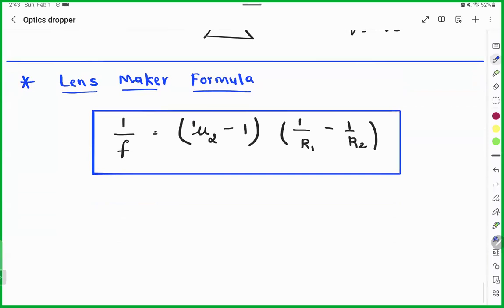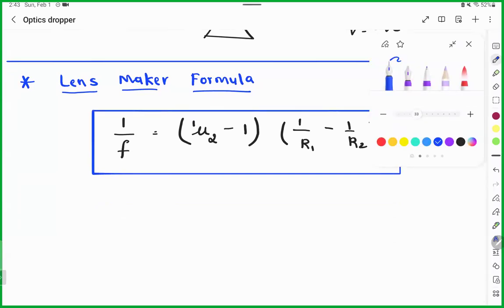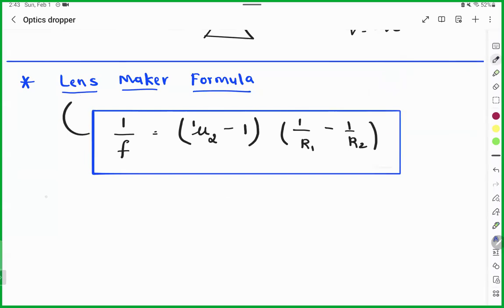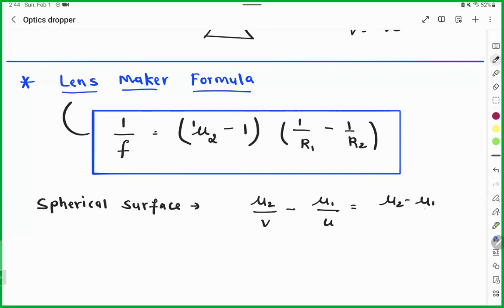So, three important formulas, not only lens maker, other formulas you know. One is the lens maker formula. At a spherical surface, the formula was really important. At a spherical surface, it was mu2 by V minus mu1 by U is equal to mu2 minus mu1 by R. Correct?